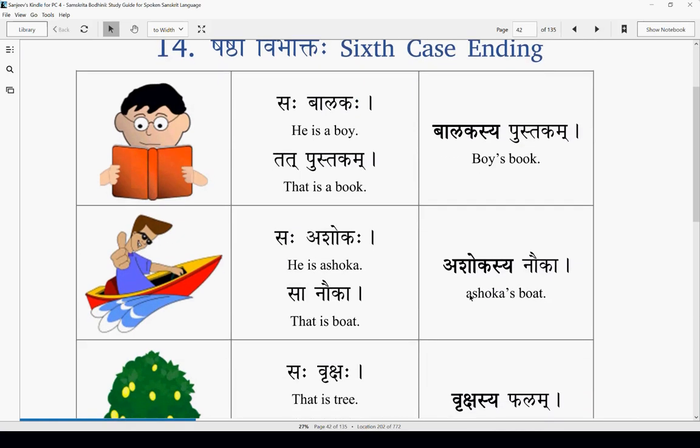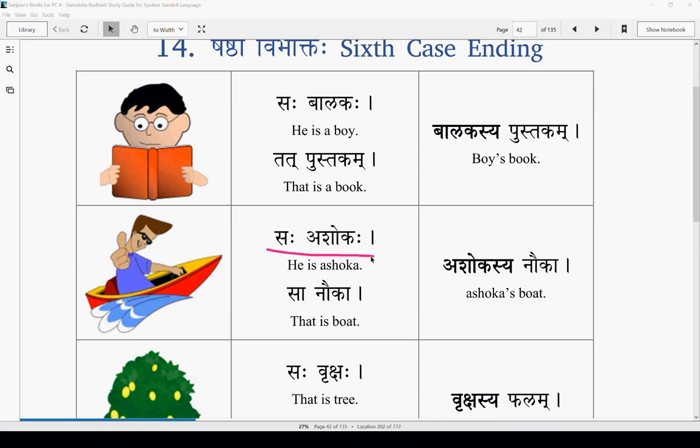Who wants to read the next line? Lakshmi. Yeah, go ahead. Saha Ashokaha.